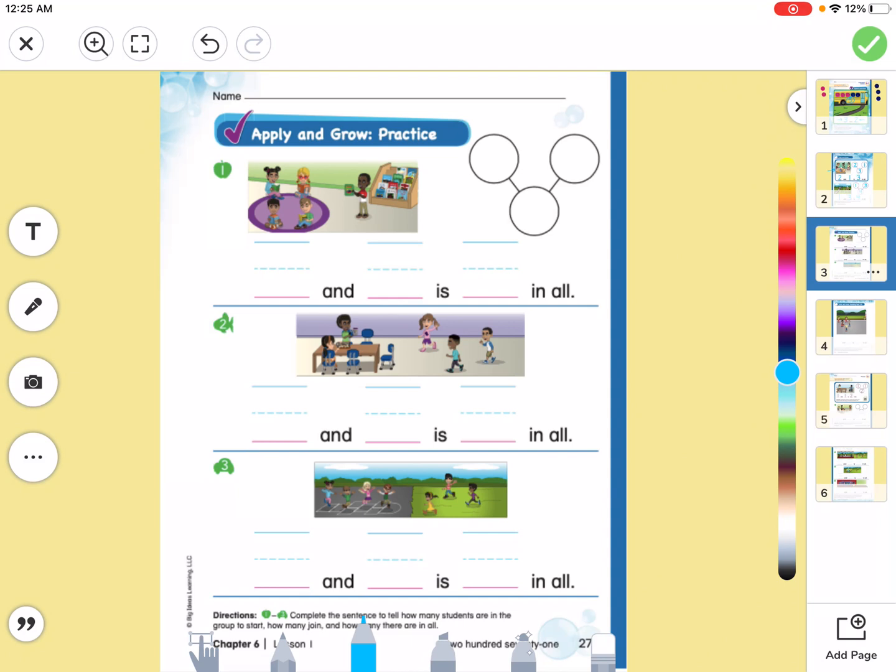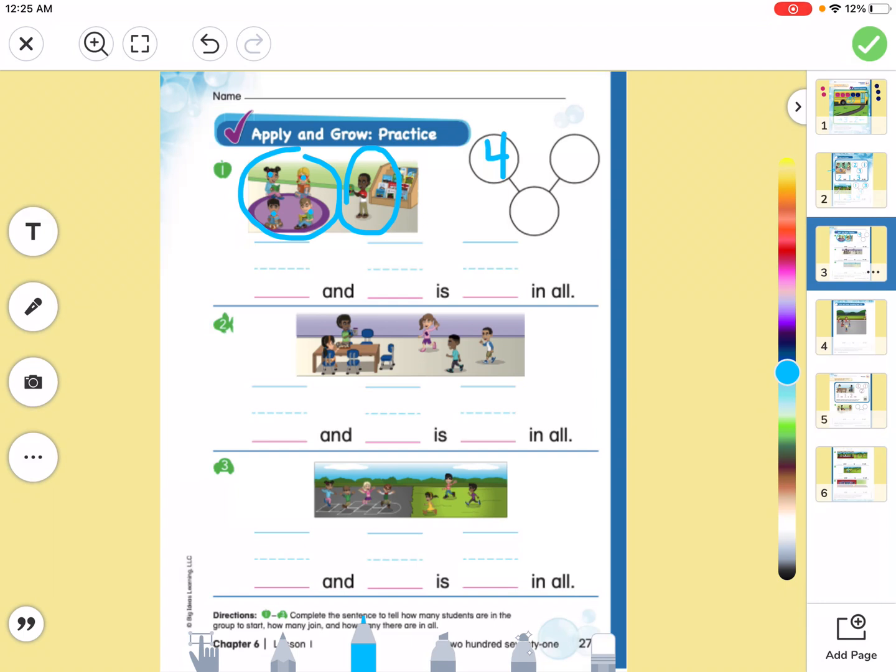Okay, we have some students on the rug and one student standing here looking at a book. How many students are on the rug? Let's count them. 1, 2, 3, 4. 4 students are on the rug. Okay?